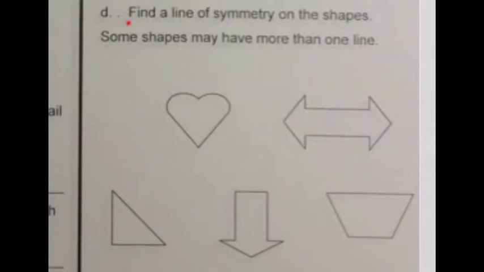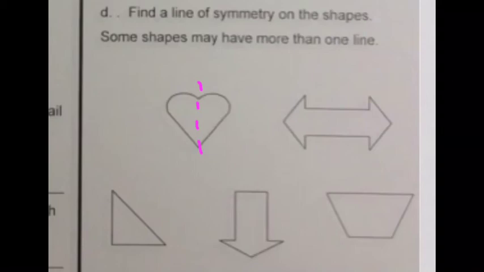D says to find a line of symmetry on the shapes. Some shapes may have more than one line. Okay, starting with our heart, it has one line of symmetry, one vertical line. If you cut it right down the middle, you would be able to fold each half on top of each other, and it would line up just right.